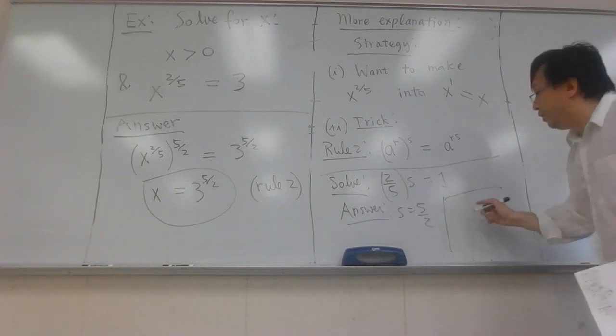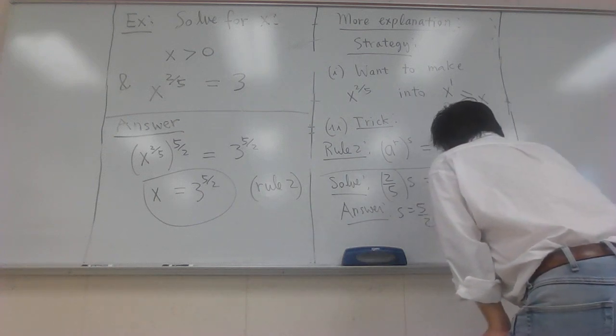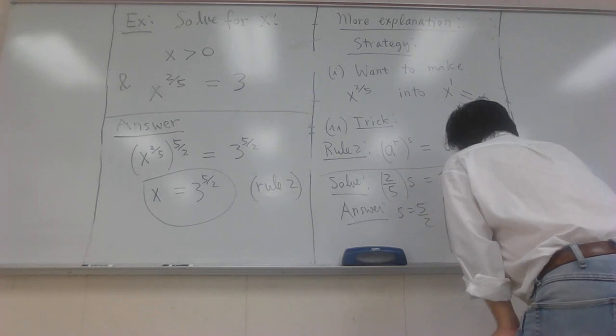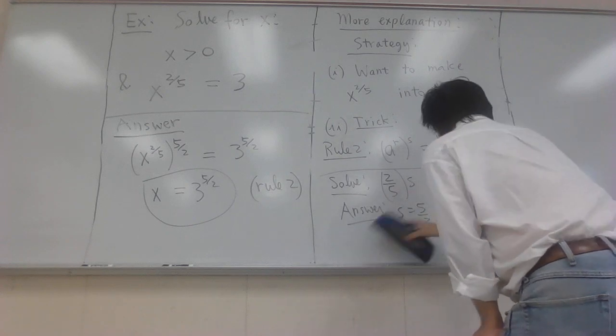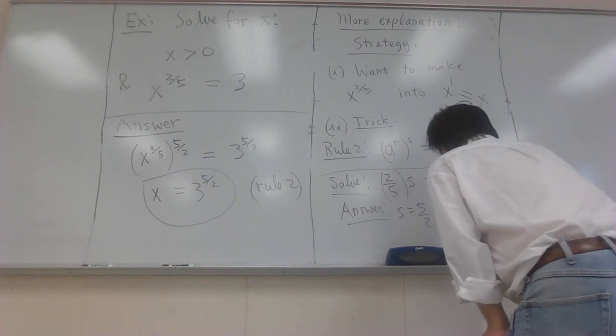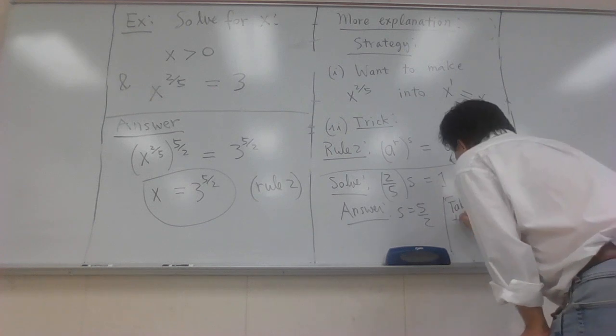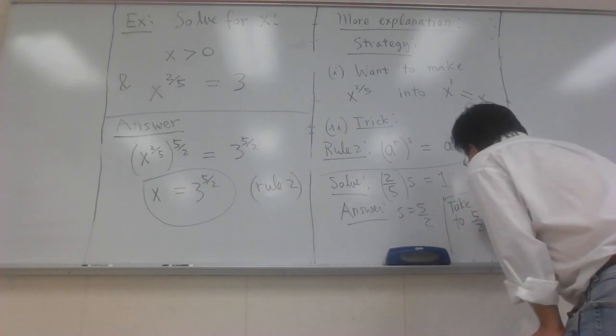So what do you do? You exponentiate both sides by 5 over 2. Take both sides to the power of 5 over 2.